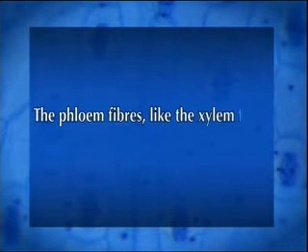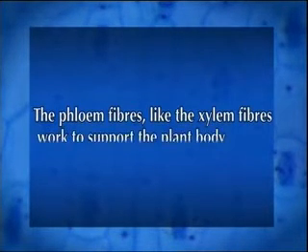The phloem fibers in the primary phloem are supposed to arise by the crushing of protophloem elements. The fibers may be non-septate or septate and may be living or non-living at maturity. The phloem fibers, like the xylem fibers, work to support the plant body.